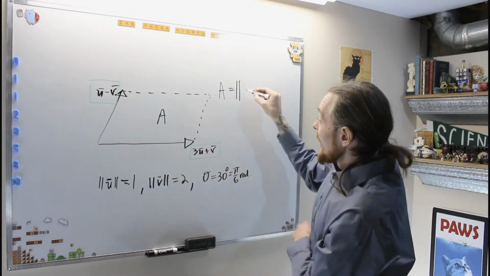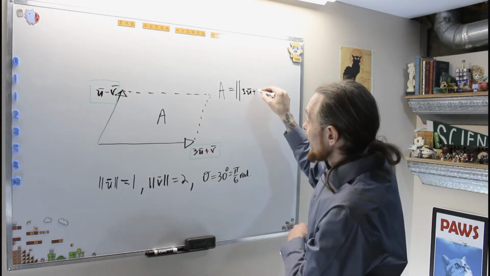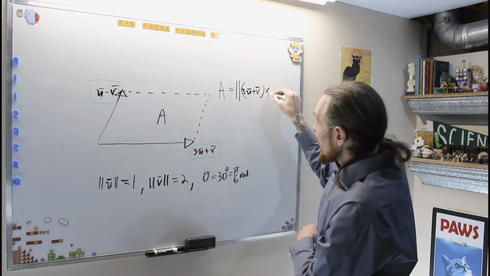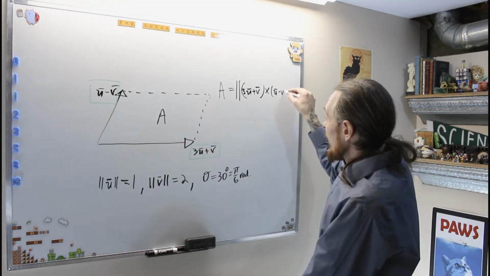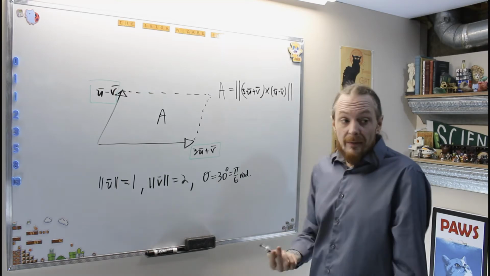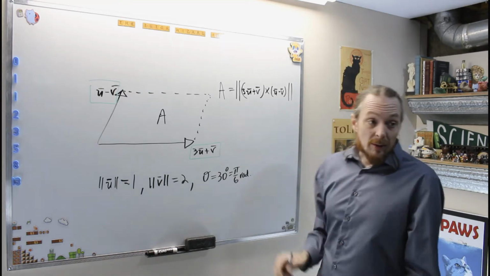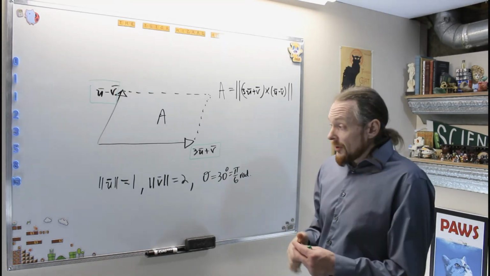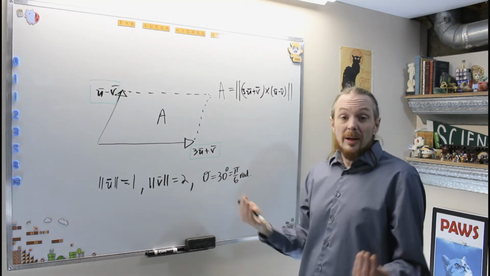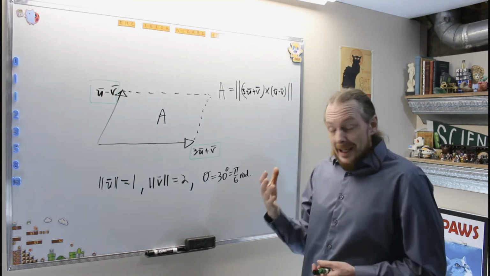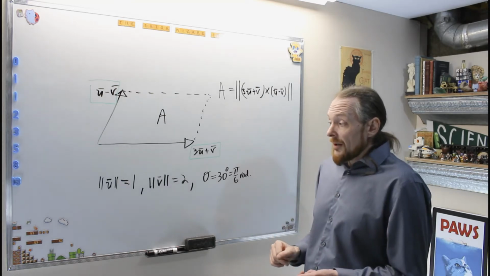So in our case, that's going to be 3u plus v cross product with the other vector, which they've given us to be u minus v. So we want to find the length of this horrible cross product. First we're going to compute that cross product and expand it using the cross product rules, and then I'll apply the norm at the end to find the area of the parallelogram.